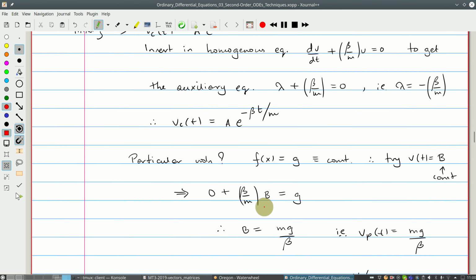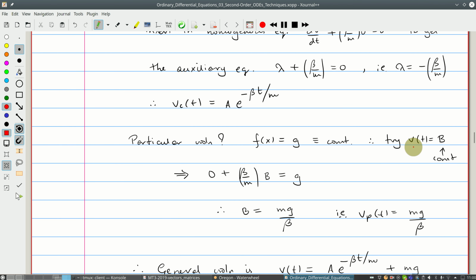What about the particular solution? Well, f of x is equal to g, it's a constant. We're going to try a solution of the form v of t, the velocity as a function of time, is another constant, capital B. I hope the beta and the b don't confuse you, but they are two different things here.